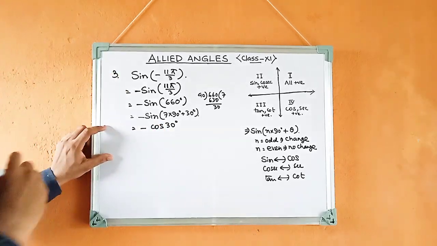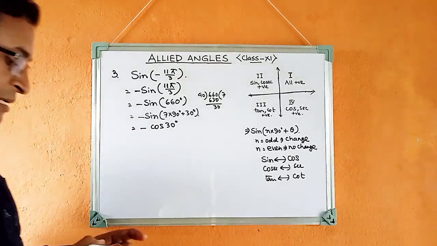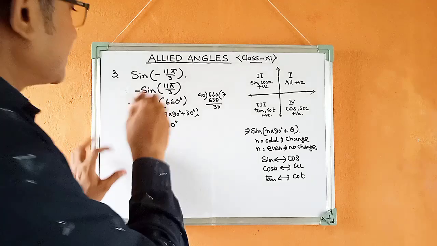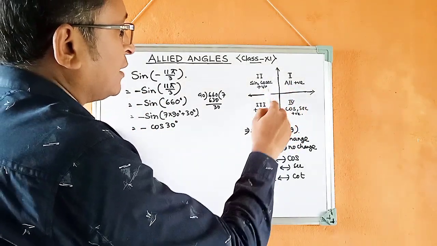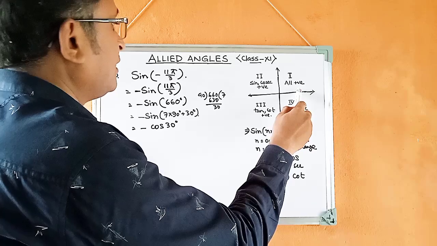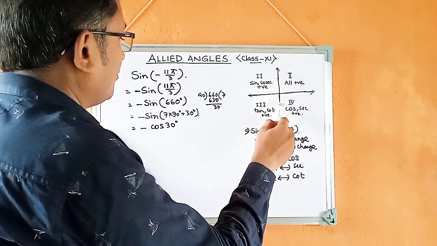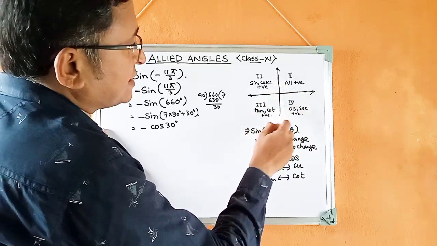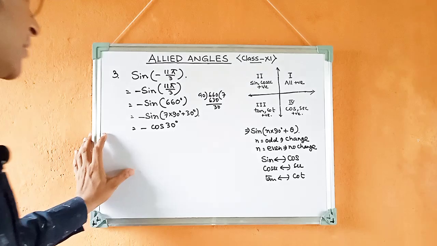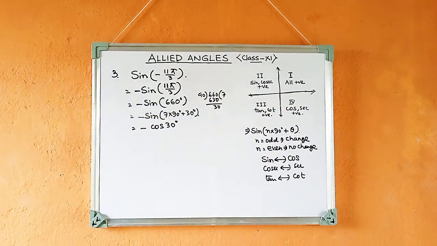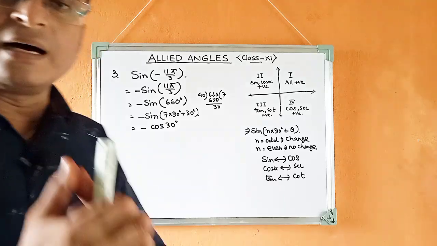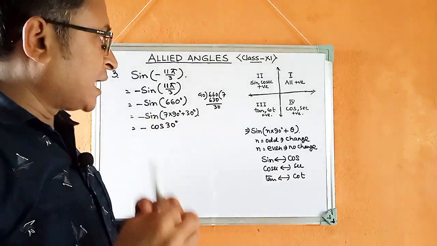Now what is the position of this angle? 7 into 90 plus 30. See 7, that means one complete rotation, that is 4. So 1 2 3 4. Then 5 6 7. Then plus 30, that means we enter the fourth quadrant. Now see in the fourth quadrant, what is the sign of sine?